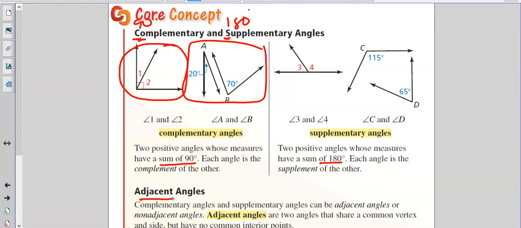And if they're adjacent, they share a common point and a common ray. Notice here in the second example, those points are two totally different points, and they don't share a side or a ray. Okay? Same thing for supplementary. Here, they share a common point and a common ray. Here, two totally separate angles, not even touching, but they still add up to 180.